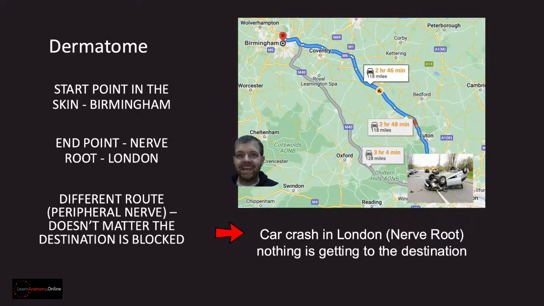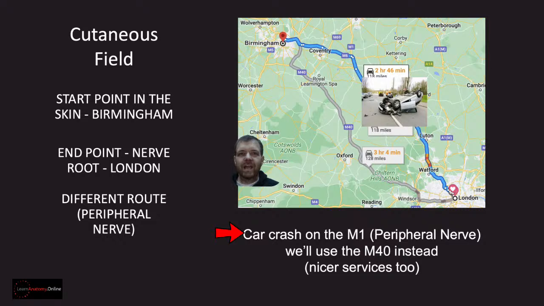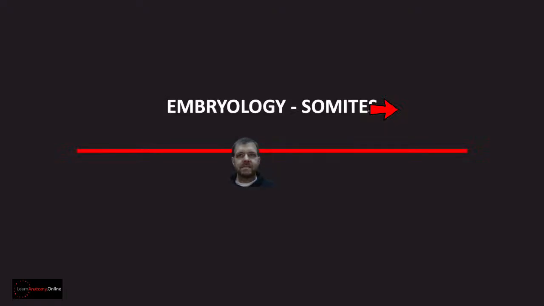And then if we have a car crash on a specific peripheral nerve, it will only affect that nerve, it won't affect the other one. So you can still get sensation received in London, but not via this route. So whichever area of skin this particular nerve supplies, the nerve root won't be able to receive the information. Again, hopefully that makes sense.